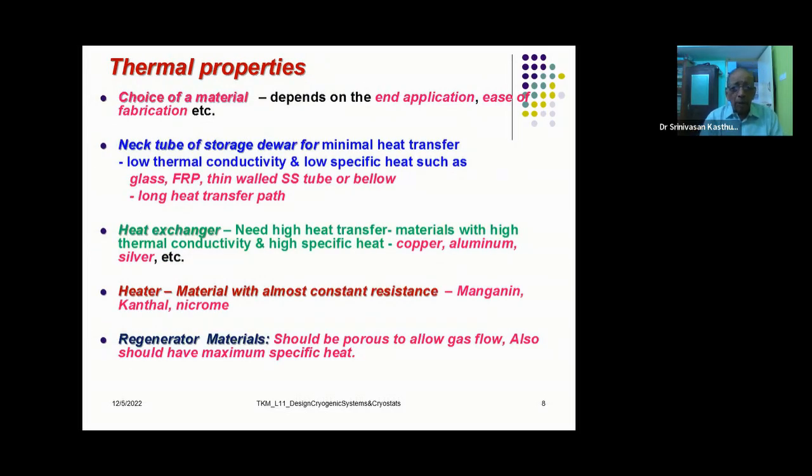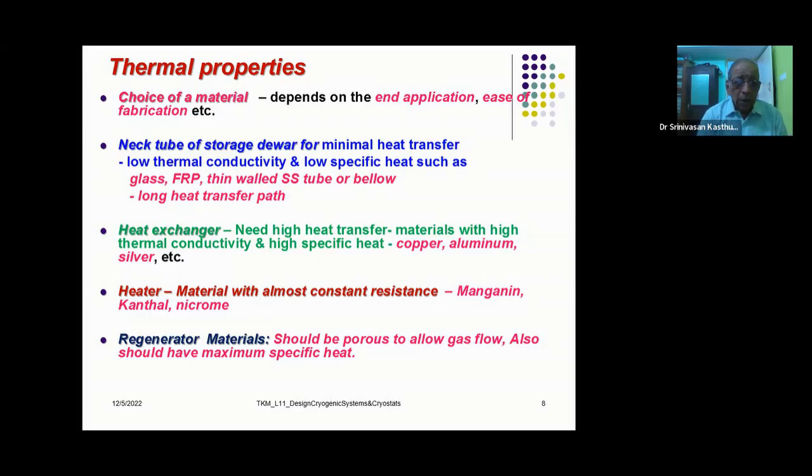Now let's come to thermal properties. The thermal properties of the material you are choosing normally depend on the end application and also the ease of fabrication. What do you mean by thermal properties? The thermal conductivity can be very high, or the specific heat can be very high, or in some cases it can be very low.